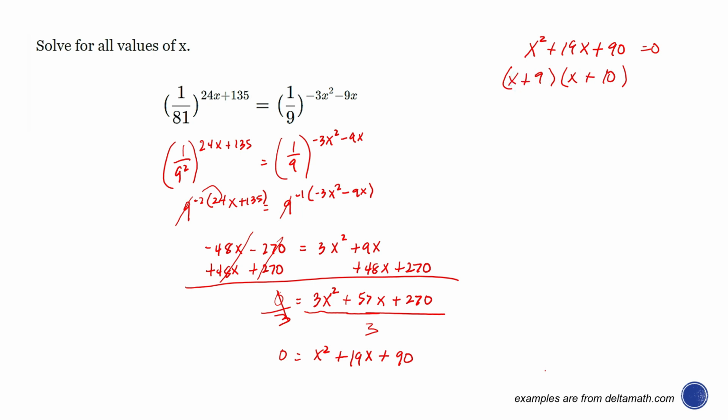It's easy. So x plus 10 equals 0, x plus 9 equals 0. Subtract 10, so x equals negative 10. The other side, x equals negative 9.